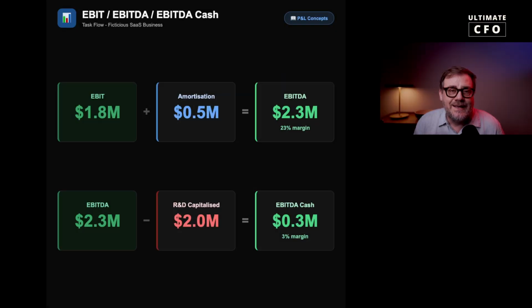And there is actually an additional EBITDA measure that is often provided or asked for called EBITDA cash. And this is basically the standard EBITDA, but with the R&D capitalization added back in. So in the case of our task flow example, this would be 0.3 million. And that's a difference that is significant from the 2.3 million EBITDA, right? 0.3 million EBITDA cash, 2.3 million EBITDA.